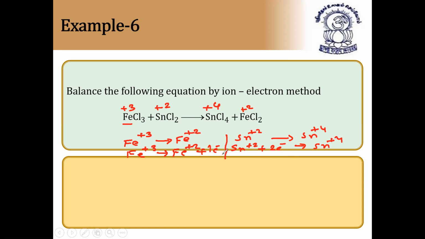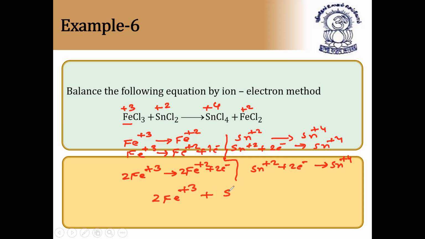Now this is 2, this is 1, so multiply this with 2. So 2 Fe plus 3 plus 2 electrons gives rise to 2 Fe plus 2, because we have to do electron balancing, and this becomes only 1: Sn plus 2 gives rise to Sn plus 4 plus 2 electrons.